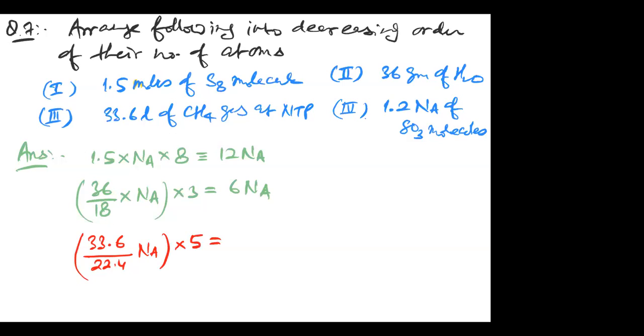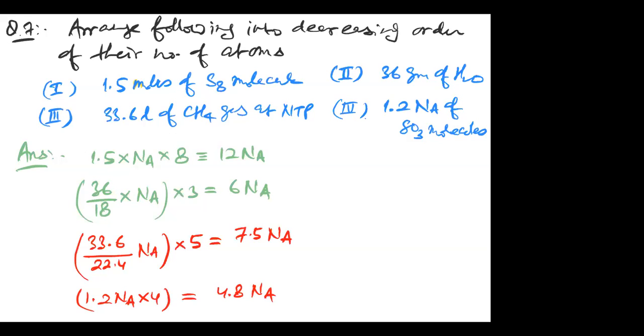It is 3 by 2 multiplied by 5, which is 15 by 2, coming out to be 7.5 Na. Same in the case of 1.2 Na of SO3 molecules: 1.2 into Na, and SO3 already consists of 4 atoms, so it comes out to be 4.8 Na.